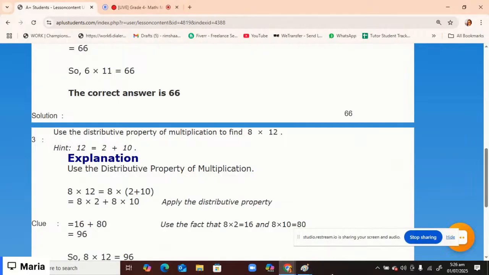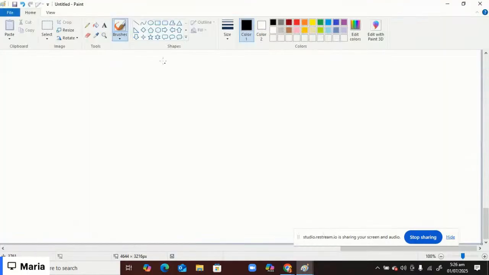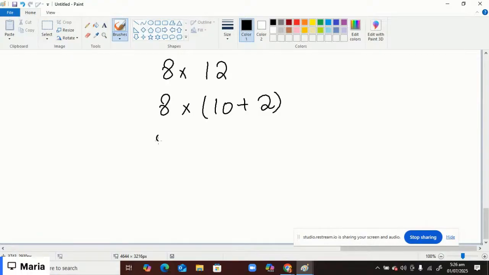8 times 12, and they gave you the hint 2 plus 10. 8 times 12. And now 8 times 10 plus 2. I'm just going to split the 12 into 10 plus 2. Now 8 times 10 plus 8 times 2.